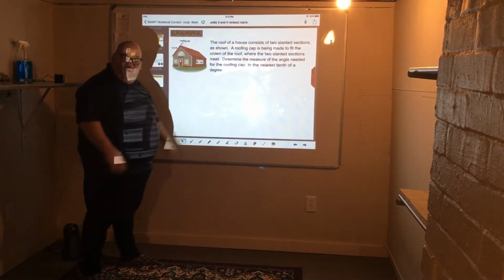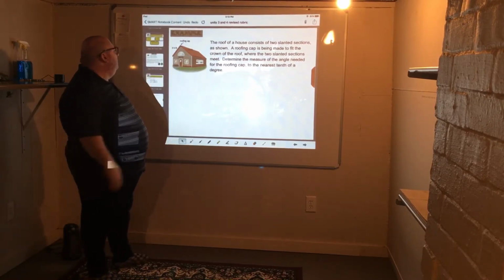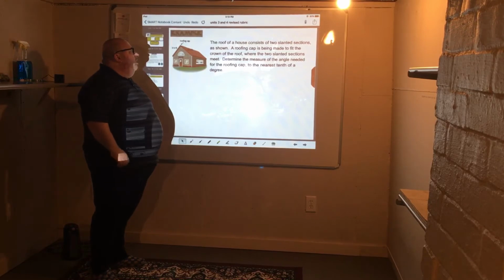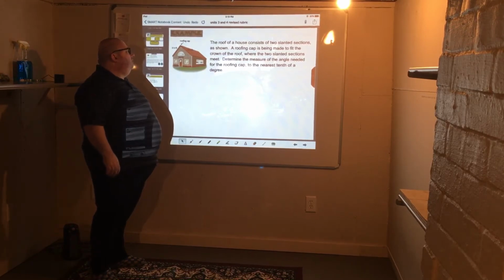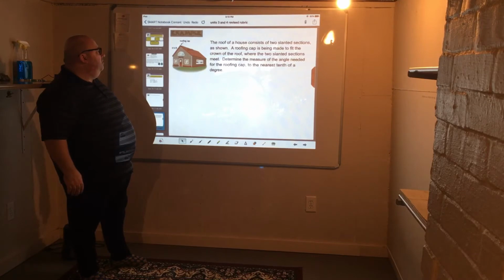That would make a roof. Yes, it would. Right. Flat roof, not so good. Right. A roofing cap is being made to fit the crown of the roof where the two slanted sections meet. So that means right in here. Right. Determine the measure of the angle needed for the roofing cap to the nearest tenth of a degree.